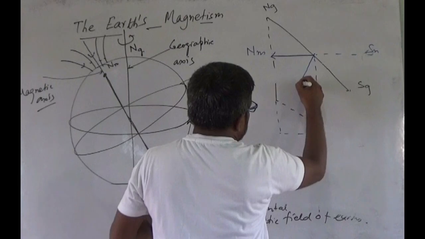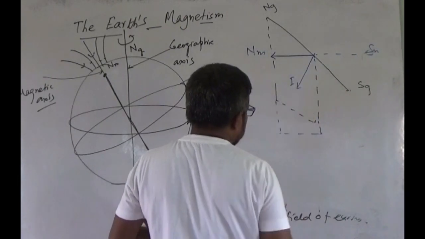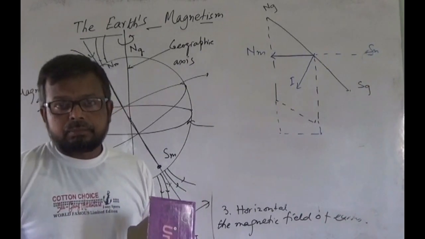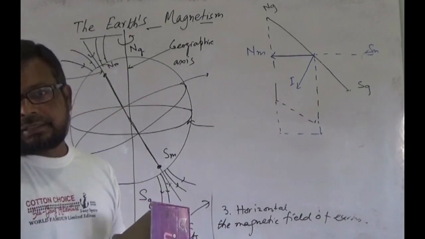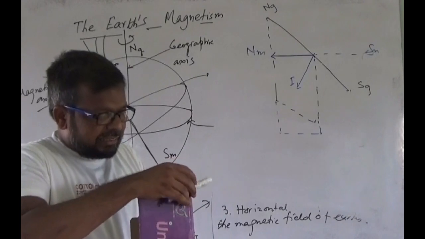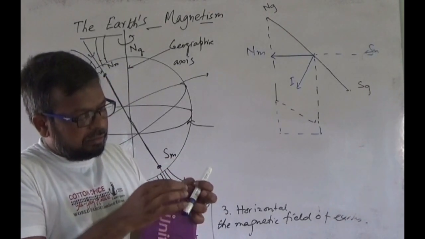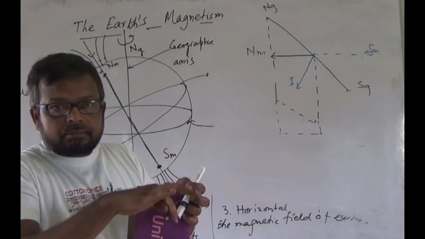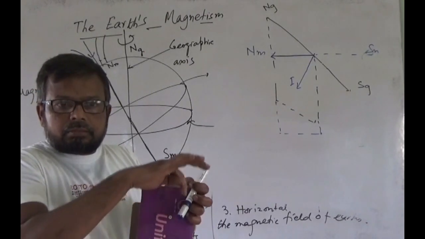Now, this is our I. I means intensity of magnetic field of Earth. And this, see here, this angle, this is the horizontal and this is our field direction.